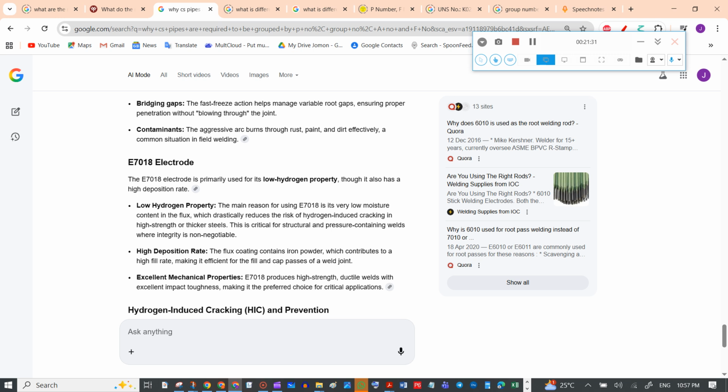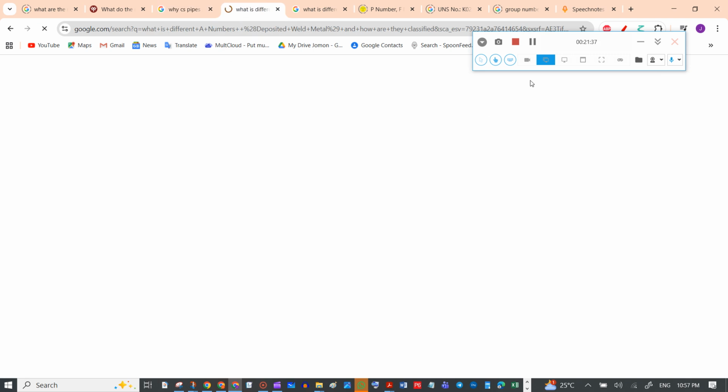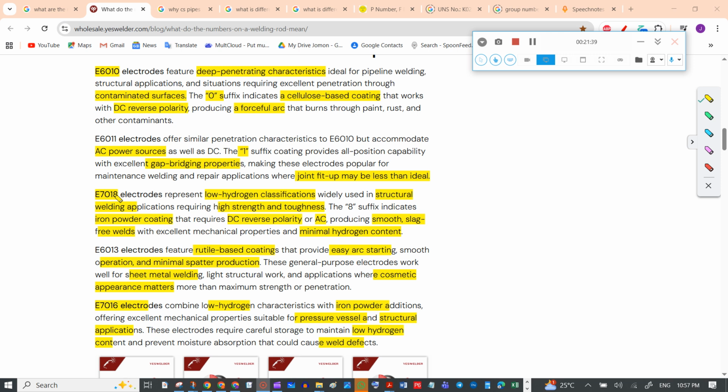With the iron powder coating, it is used for structural welding, with high strength and toughness, low hydrogen classification, and it requires DC reverse polarity.